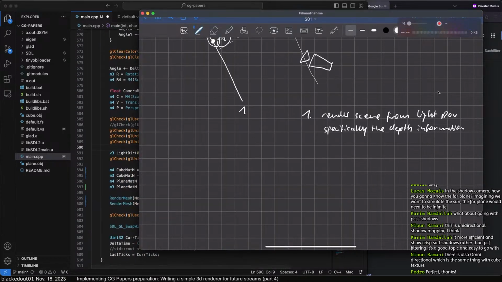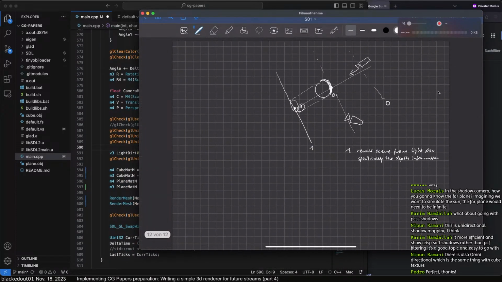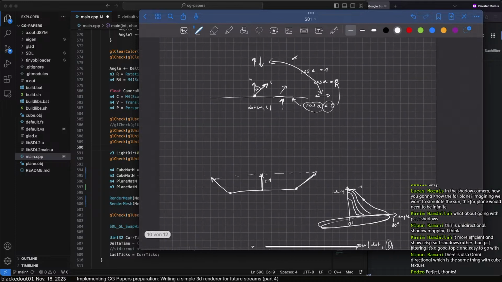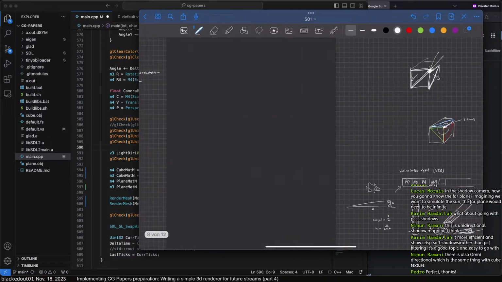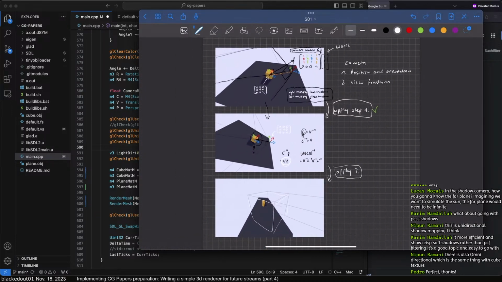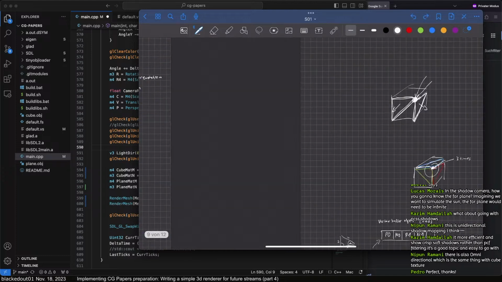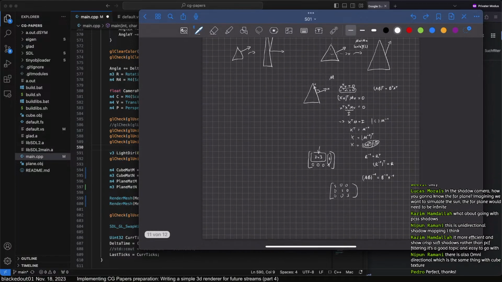But to do that, if you remember from the previous streams, to render the scene at all, we had to go through the transformation pipeline. So we had to set up a camera and a projection matrix, and we have to do this here as well.